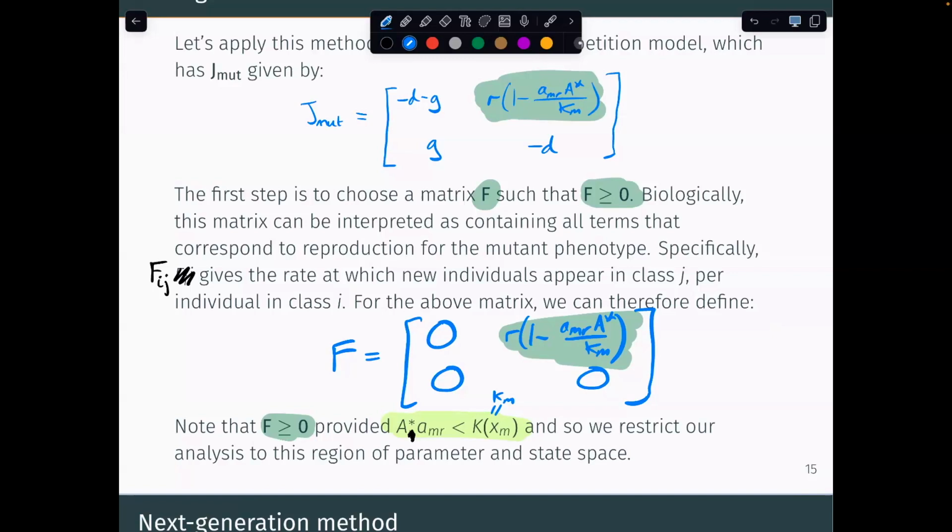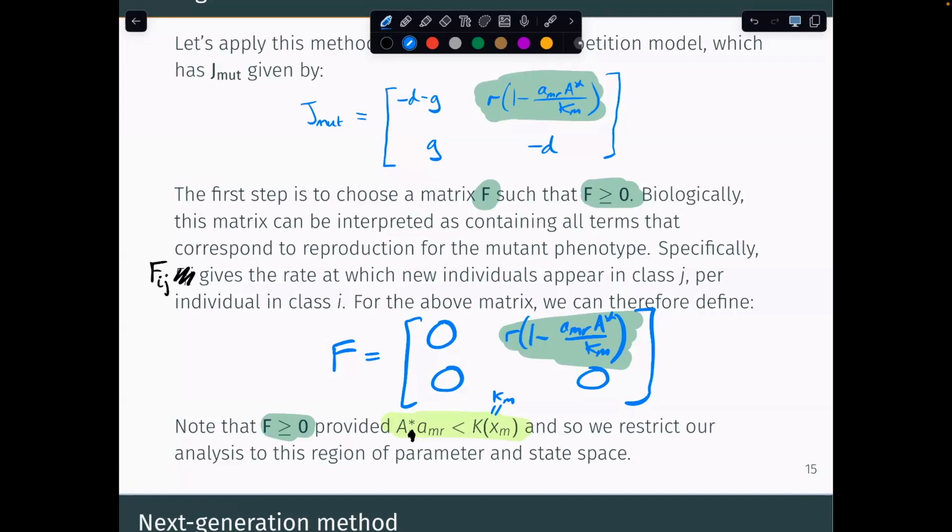And then the other terms would also be negative, so we couldn't be at an equilibrium. So this necessarily at the equilibrium is always going to be non-negative. Okay, so hopefully that answers two questions there. One is why these are 0? Well, because there are no new individuals produced, and then this here is non-negative because our A star has to be less than KM over AMR for us to be at that equilibrium.